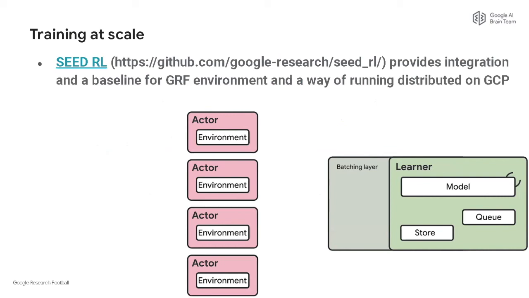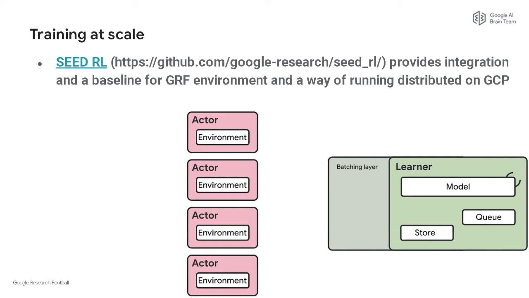It provides baselines, and there is a paper that compares our original paper of GRF to what you can obtain with SEED RL. SEED RL enables you to do distributed training of your agent on Google Cloud using GPUs and TPUs, and it significantly speeds up wall-clock training compared to the IMPALA algorithm described in our original paper, up to like 80 times, given a high number of actors taking part in the training.